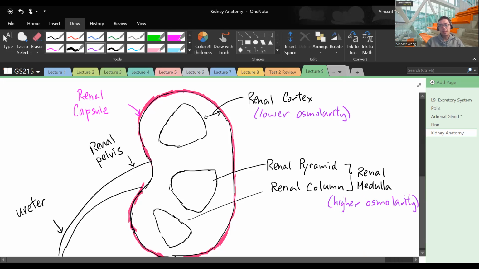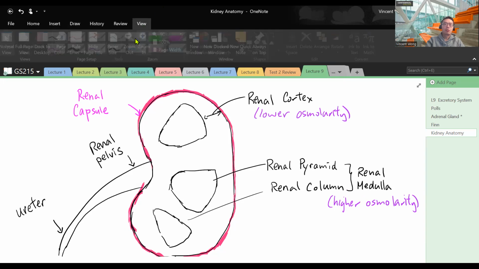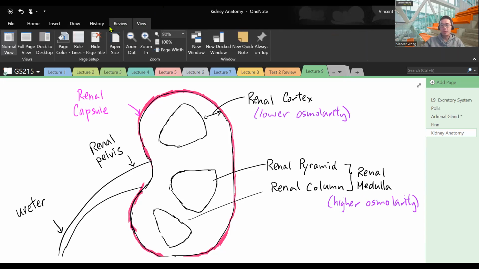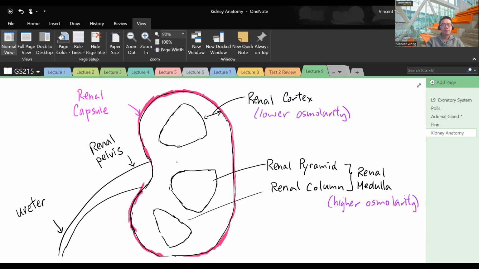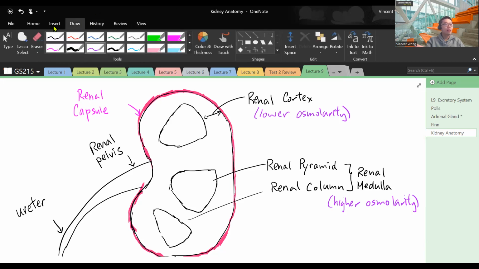And that is very important in terms of creating urine. We will explain why later, but for now I just want to plant that in your head: the cortex has lower osmolarity and the renal medulla has higher osmolarity. In fact, the deeper you go, the higher the osmolarity is going to be. Feel free to interrupt me if I'm not making sense here.